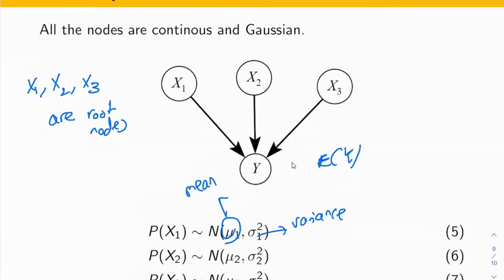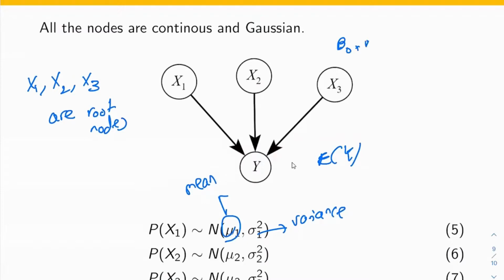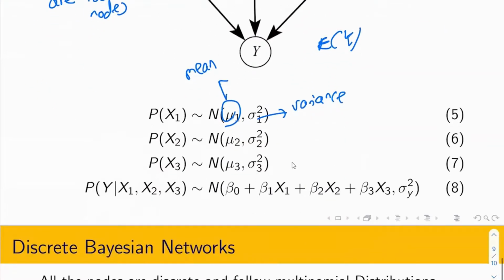Y is like a regression, like a linear model, linear regression. So the expected value of Y is going to be beta naught, the intercept, plus beta 1 X1 plus beta 2 X2 plus beta 3 X3. And that's what I wrote here. That's how we create a dependency. And then the variance of Y is a constant variance. All right. Okay. So that's how we represent the Gaussian Bayesian network.